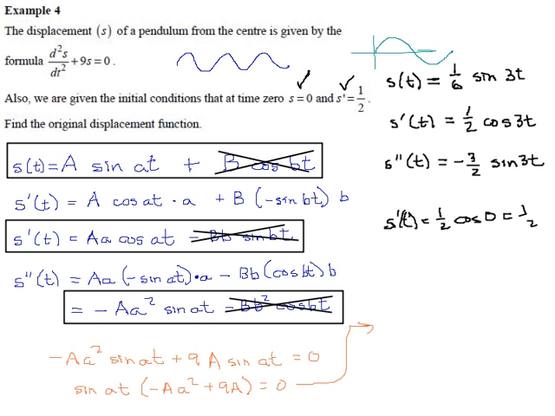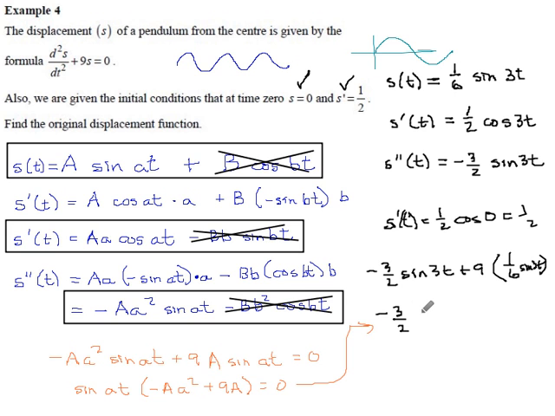And the last thing to check is if we do our second derivative plus 9 times our original function. So if we have minus 3 over 2 sine 3t plus 9 times 1/6 sine 3t, that should all come out to 0, does it?